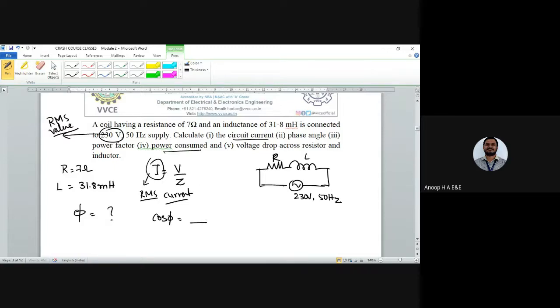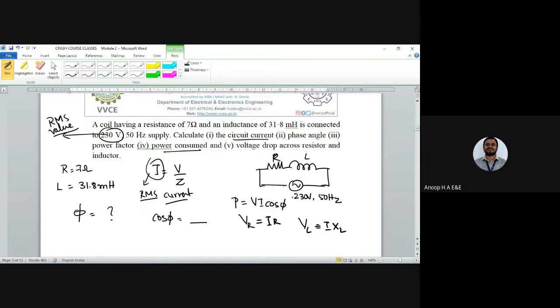Power consumed, P, would be equal to V into I cos phi, and you have to find the voltage drop across the resistor and the voltage drop across the inductor. So VR and VL are I into R and I into XL. Got it? These are the terms that you will be calculating, finding each and everything there. So how do we proceed with it?